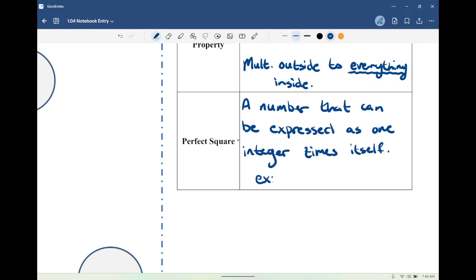First few that we see and know pretty well: 1, 4, 9, 16. There's definitely more after that, but again, any number that is the result of squaring an integer. That is what we are looking for. 1 squared, that's 1. 2 squared, 4. 3 squared, 9. 4 squared, 16. So on.